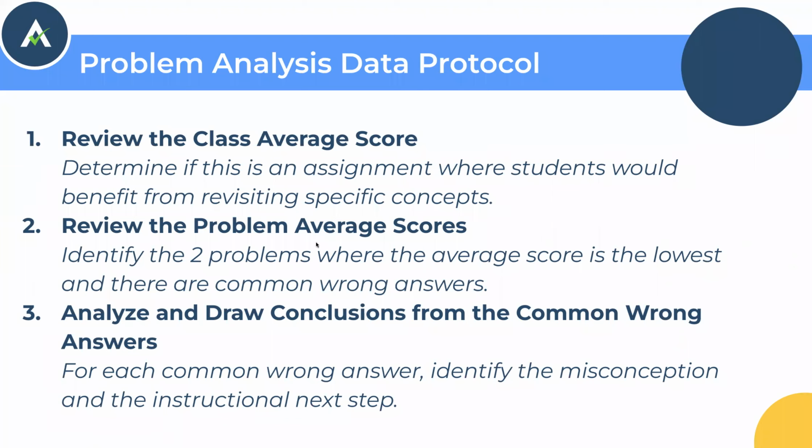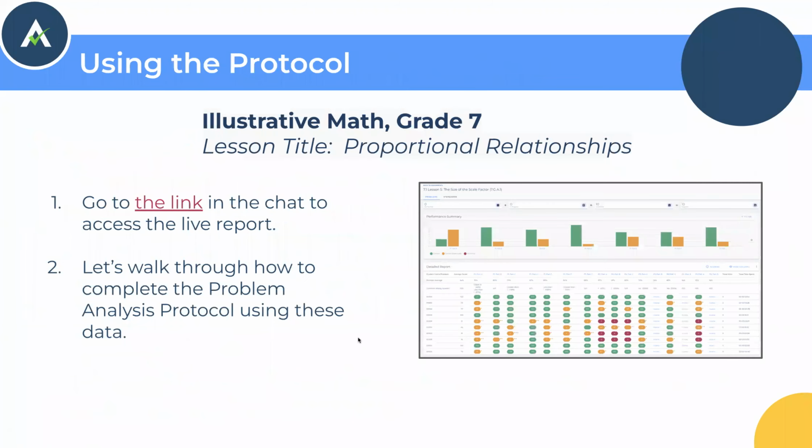Then it moves on to reviewing the problem average scores and identifying 1 to 2 problems where the average score is lowest and there are common wrong answers, and then analyzing and drawing conclusions from those common wrong answers. So what is the misconception? What's the instructional next step? And Charmaine is going to share the link to this other data report in the chat.